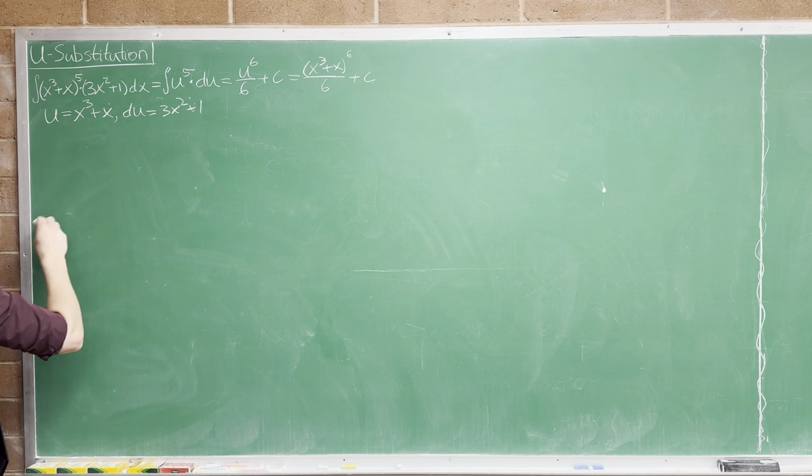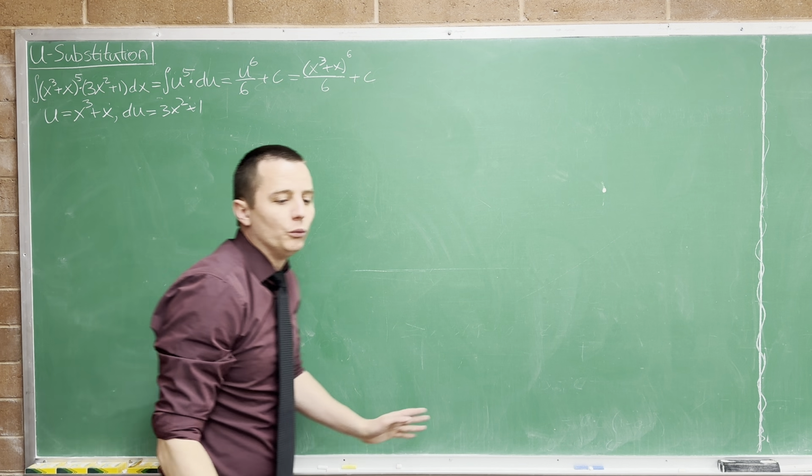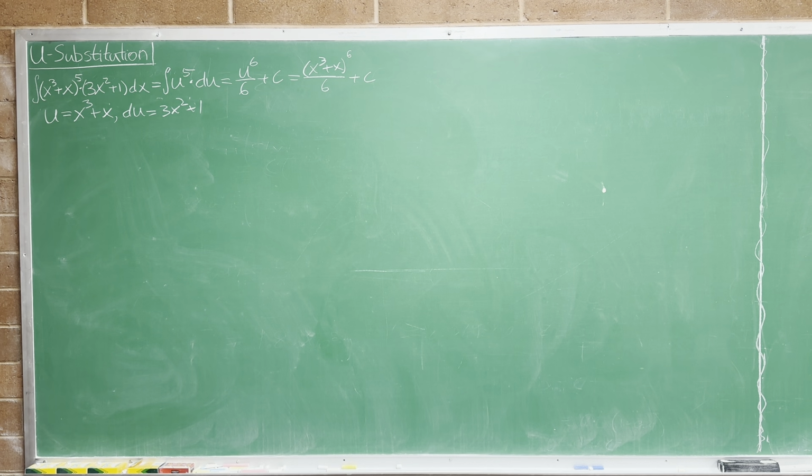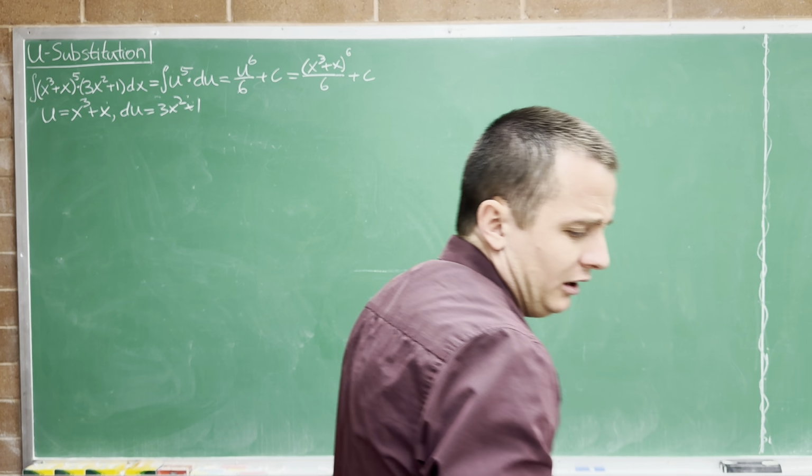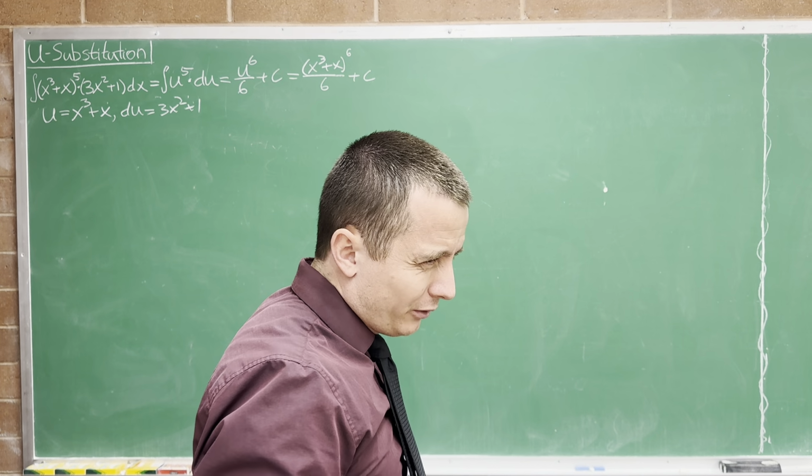Okay, so let's do one more example before we actually do the proof that we can use this u substitution. Why do we need to prove it? Isn't that just simple algebraic substitution? Typically, I wouldn't mind skipping this proof.